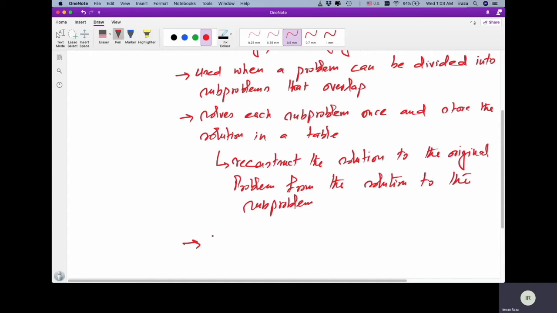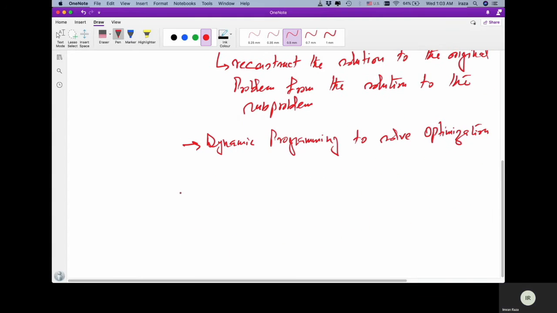So we use dynamic programming to solve optimization problems.